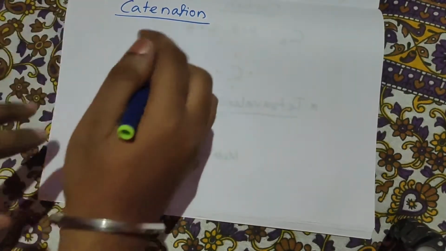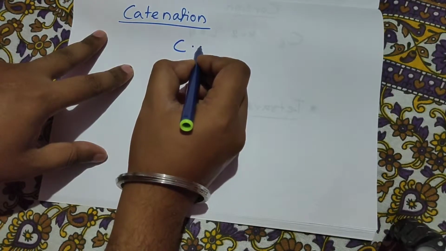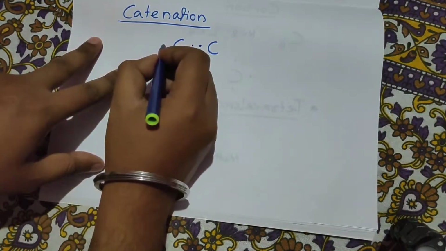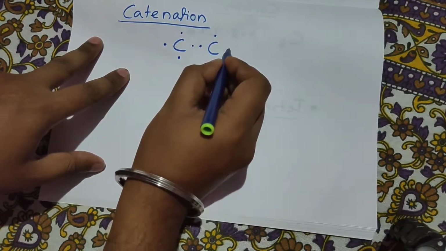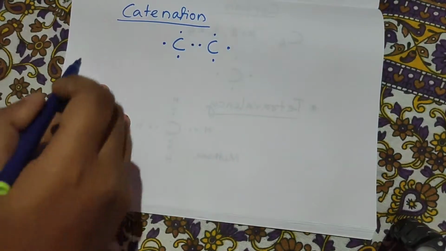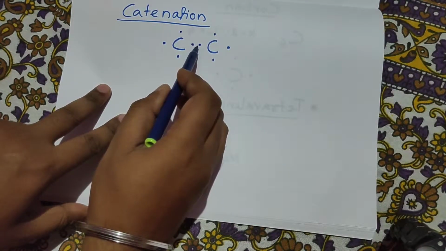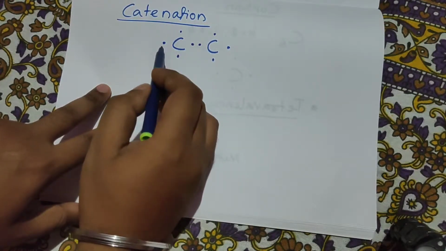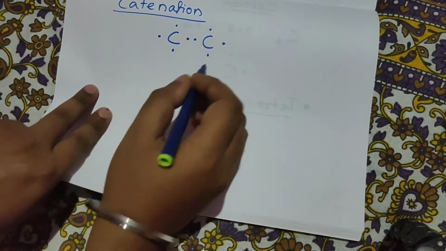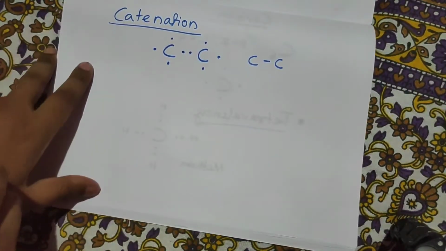Okay, so carbon can share its electrons with other carbon atoms like so. Here you can see the carbon atom is sharing its 1 valence electron with other carbon atoms, and here it has formed a single bond. So this is represented by C-C.